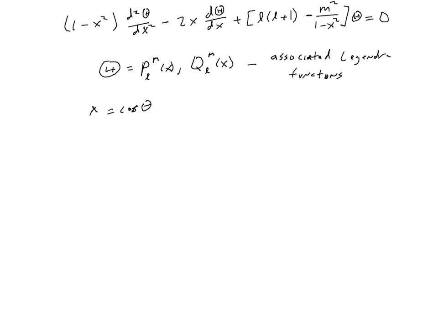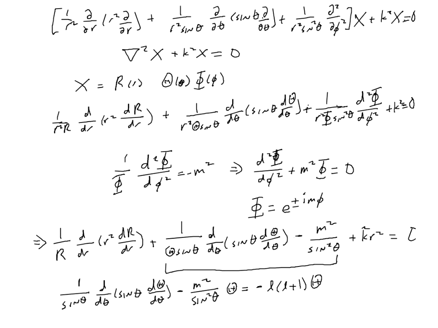So if x is equal to cosine theta, then the solution of all this is just these functions that mathematicians have known about for years. And so that solves basically this whole big chunk of the equation right here.